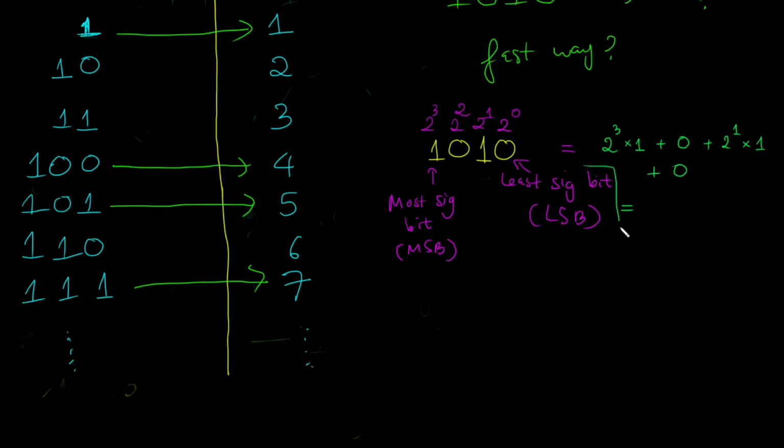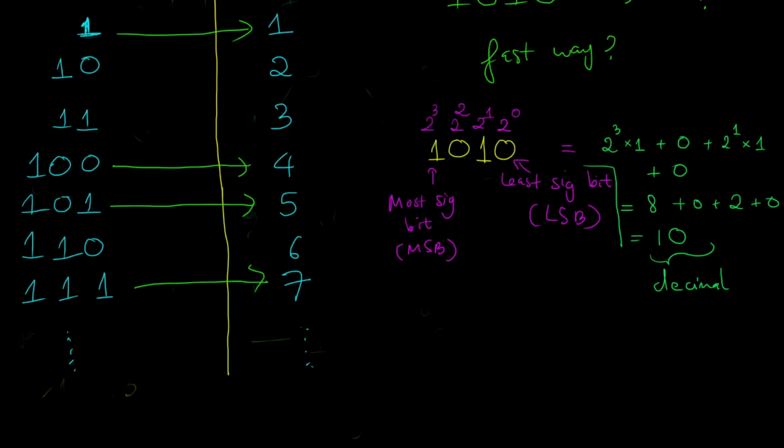Now you add all this together. 2 power 3 is 8, right? And 0. 2 power 1 times 1 is 2, right? And 2 plus 0 again. Therefore your answer is going to be 10, and this is your decimal answer. So this is the formula for you to convert binary to decimal.